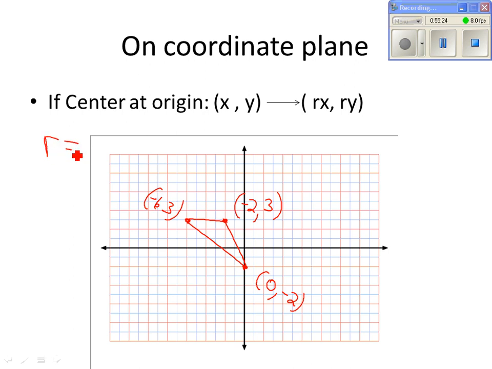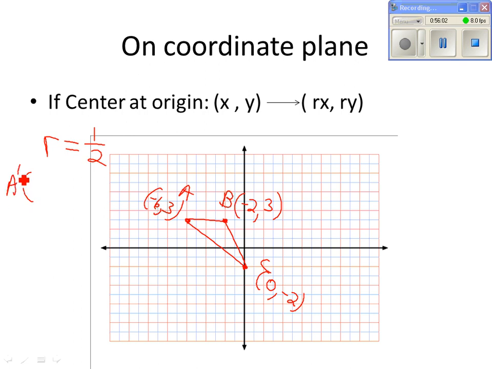They tell us we're going about the origin, so the origin is our center, and we want a scale factor. Let's do a reduction, because most of you don't like fractions. Give me a fraction. 1/2. So if we do 1/2, we'll call these points A, B, C, and you're just going to take each of those ordered pairs and multiply each number by 1/2.